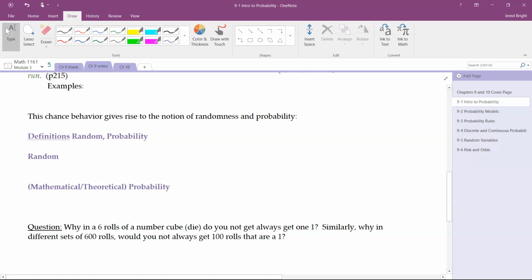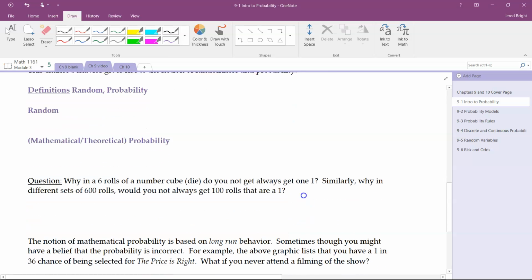So probability is that long-term behavior: the probability of an outcome is the proportion of times we would see it occur in a very long series of repetitions. There are 3 probabilities that we're going to talk about. This one is most often associated with mathematical or theoretical probability. It uses different names, so we're aware of that language.